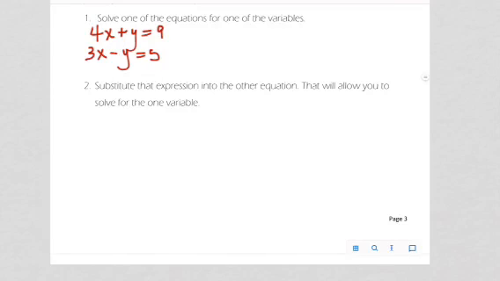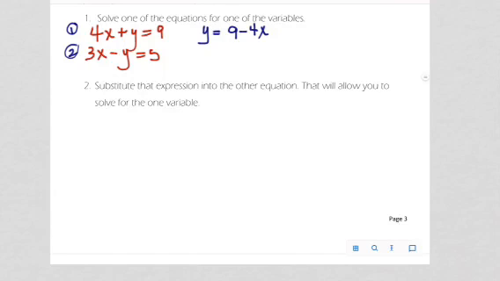I would tend to opt to solve equation 1 for y. Think about y for a second. I'm about to substitute the variable into the other equation. The easiest variable for me to solve for is y in the top equation. I can get y alone by simply subtracting 4x on both sides.